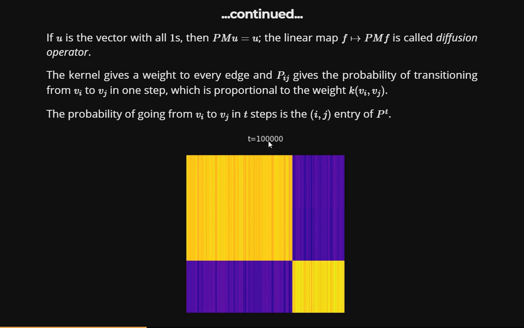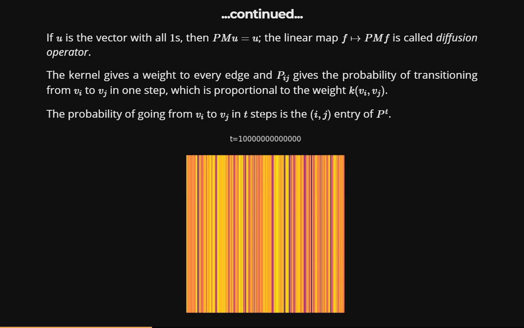Now we are up to 100,000, and here you have only 2 clusters. This one and this one, which are clearly separated because blue means really low numbers. And then if you go up, I don't even know the number, 10 to the 13 probably, there is only one big cluster. And this matrix is rank 1. You can clearly see that it's rank 1.